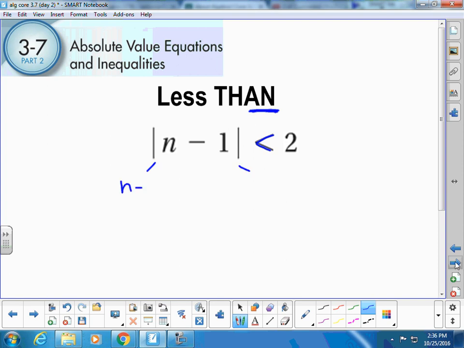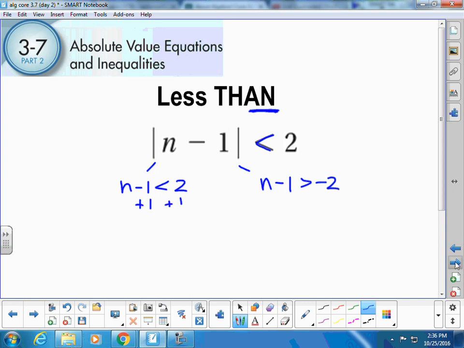We have n minus 1, leave it exactly the same, and then n minus 1. Not only do we change it to a -2, we flip the sign and switch the sign. So flip the symbol and switch the sign. If it was a negative number, it is now a positive number. If it was positive, it's now a negative. So now we just solve both parts.